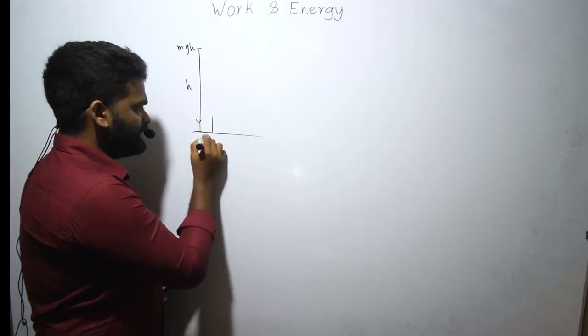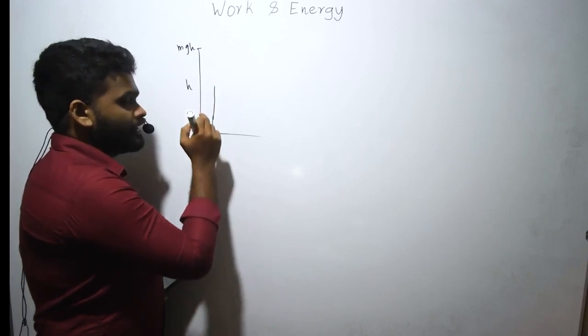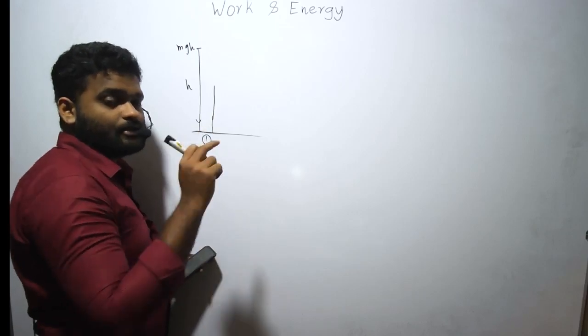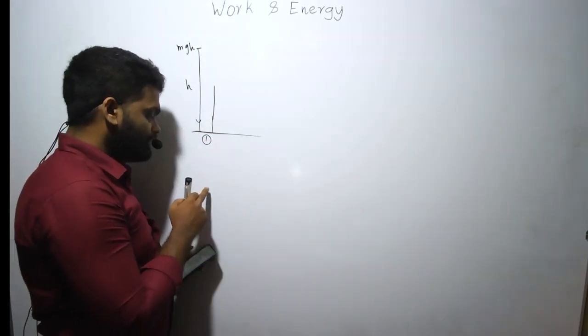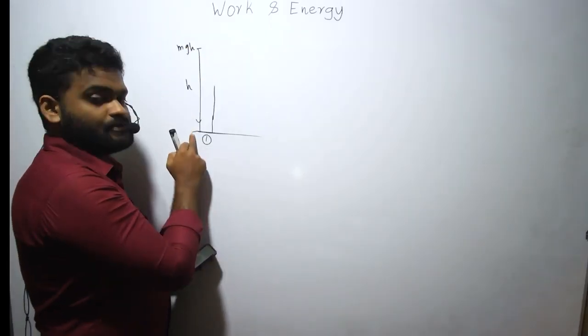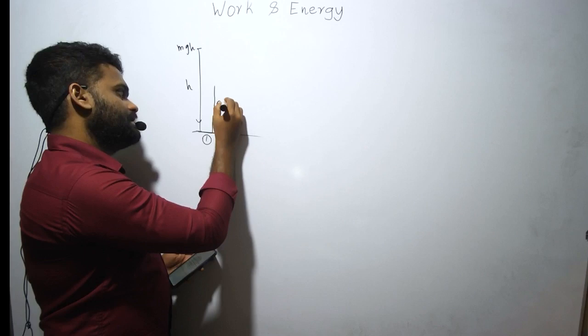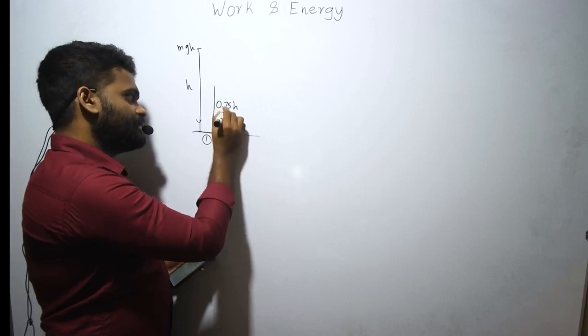This is the first hit on the ground. The ball goes up, but this has 75%, meaning 0.75. MgH is 100%. So here you can see that it goes to 0.75 h maximum height.